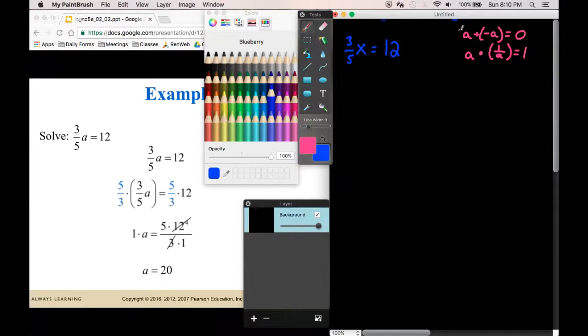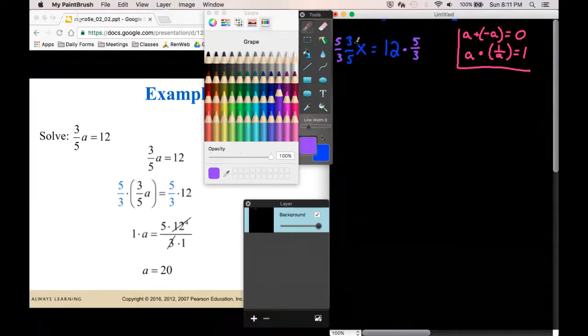So in addition, you were looking for the opposite. With multiplication, you're looking for its reciprocal. So what you're going to multiply this by is, you have the 3/5 x, so you need to multiply this by 5/3, but you need to also multiply this side by 5/3 as well.